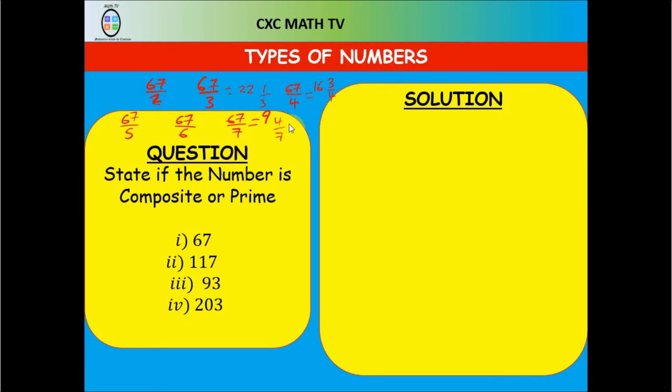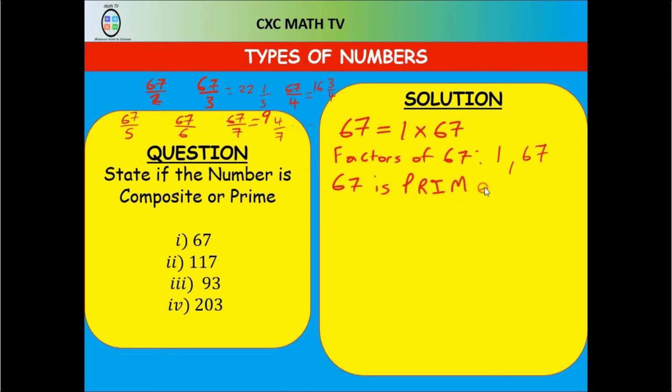And so if we keep on going, realize that there's no number that we're going to be able to put into 67. So 67 is just equal to 1 times 67. And so the factors of 67 is what? 1 and 67. So what can we conclude? Therefore, 67 is prime. 67 is a prime number.